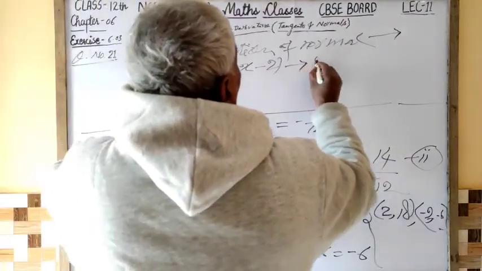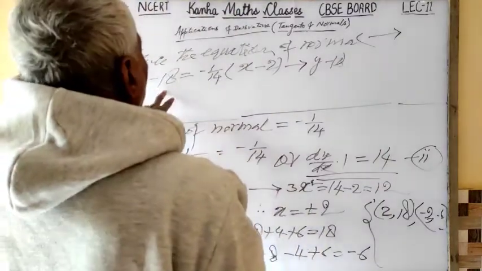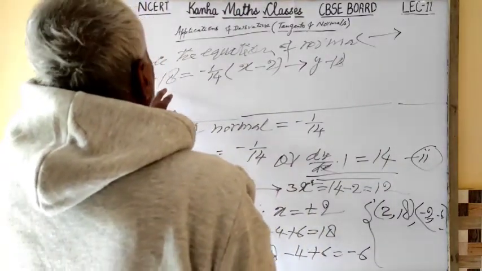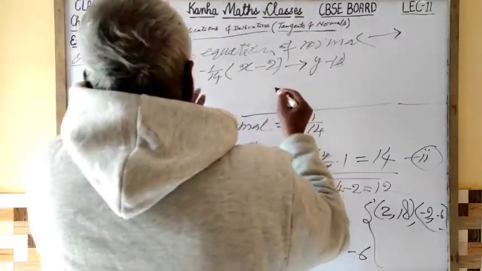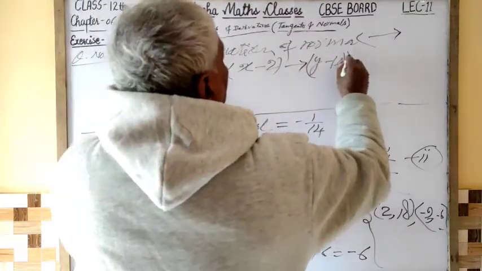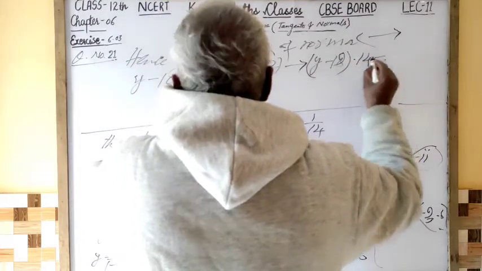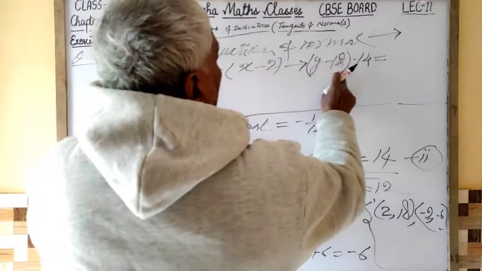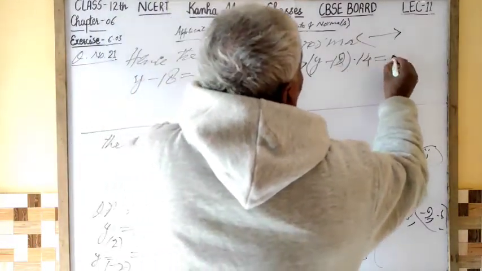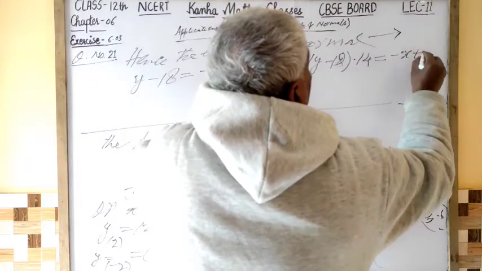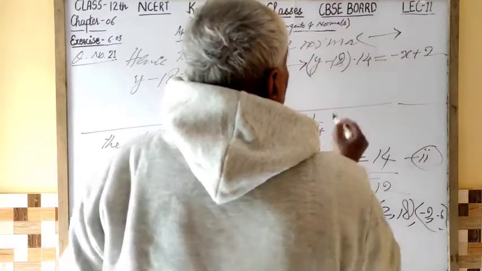Here you may just multiply this by 14: y minus 18 multiplied by 14 is equal to minus x plus 2.